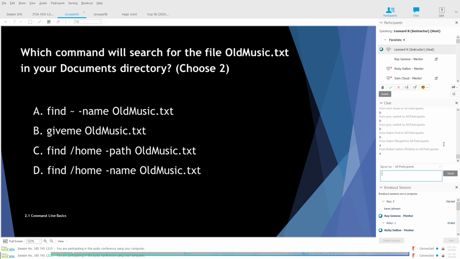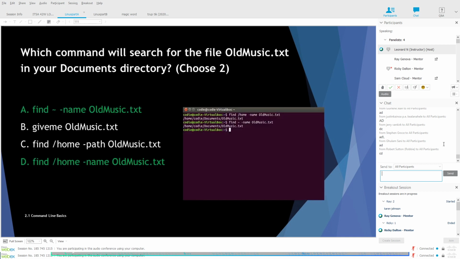Choose 2. We have A's and D's. And it is A and D.